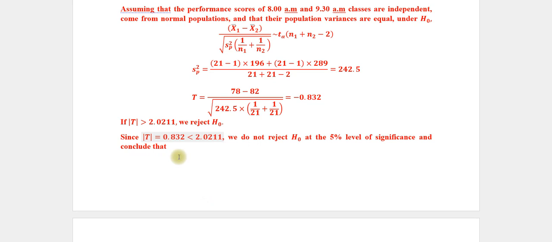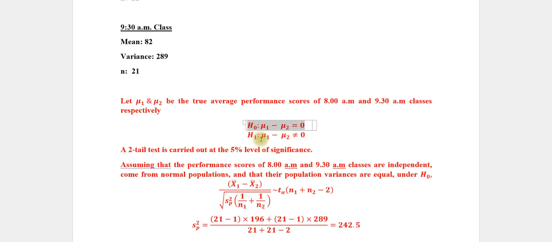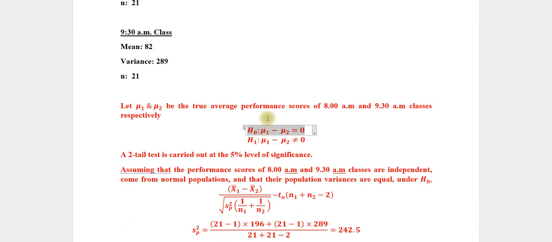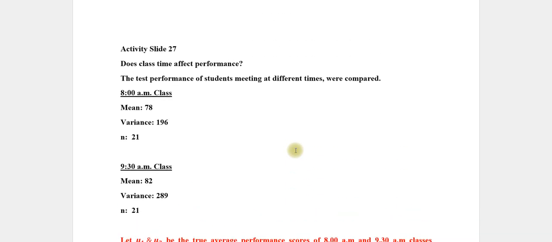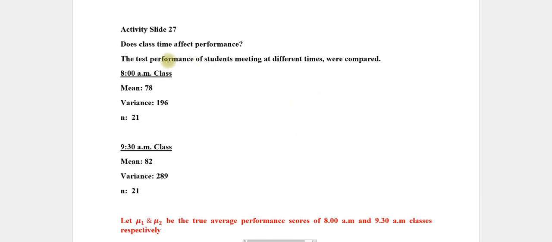Remember the whole reason why you did all this. If mu1 is equal to mu2, it means that the true average performance scores of 8 a.m. and 9:30 a.m. are equal. And if they are equal, it means that there is no difference in the performance of these two classes, right? So, in other words, does class time affect performance?